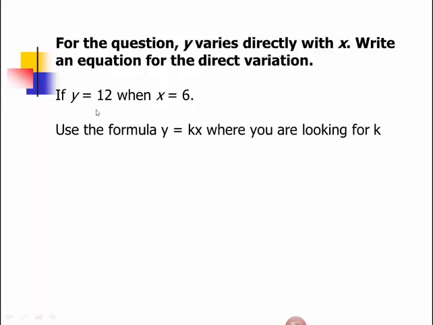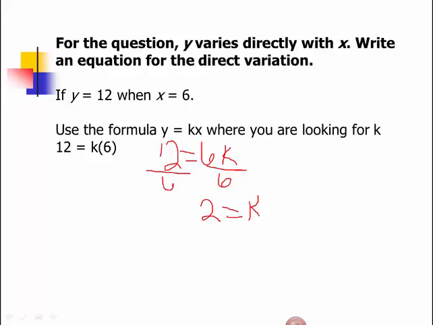So in this situation, what's my y? 12. What's my x? 6. So basically what this says is 12 equals 6k. How would I solve that for k? I would divide both sides by 6, and 2 equals k.